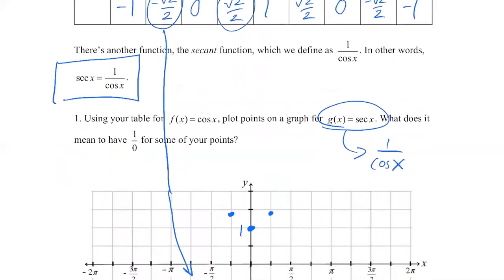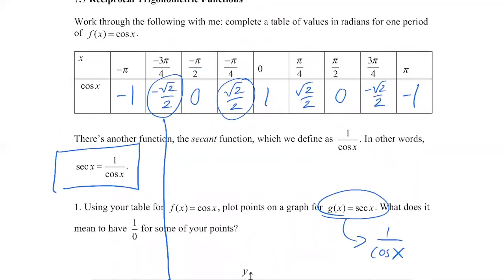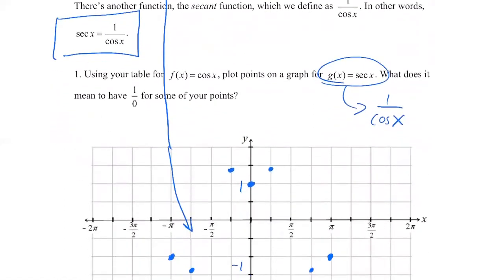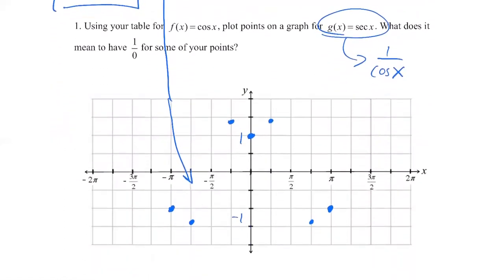And now we said we had some other things going on here. We've got the negative pi over 2 problem. Negative pi over 2 is 0. And if we're looking at the secant of x, which is 1 over the cosine of x, we're going to have 1 over 0 as a value. But 1 over 0 is undefined. And this is where it does ask us the question, what does it mean to have 1 over 0 for some of your points? Well, if you remember our past life, whenever we had a rational function and we had 1 over 0, that was where we had a vertical asymptote.